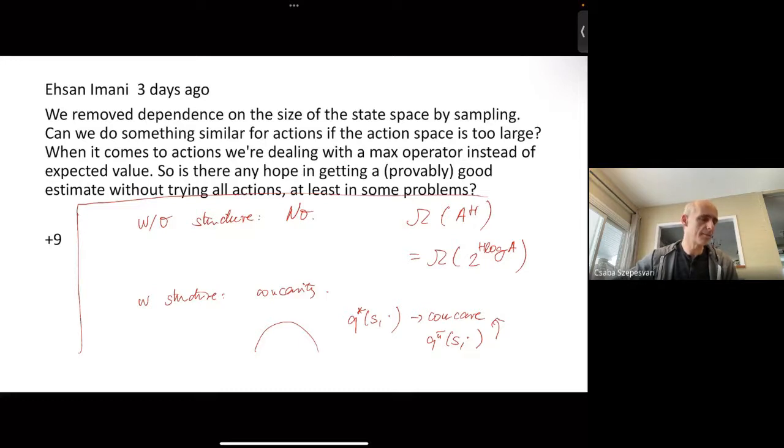My gut reaction would be that this is a good idea, but you should also think about specific examples where these conditions hold. If you like operations research type of problems, this concavity property holds in most of the problems that appear naturally there.